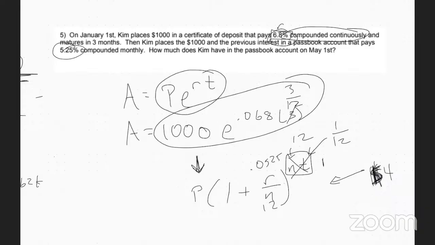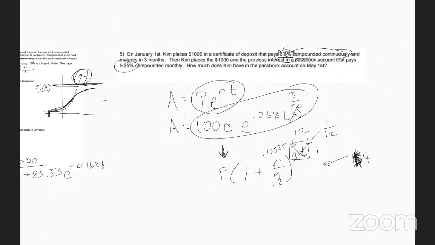Okay. That question I understand now. Instead of adding another 1,000, you just transfer the A from the first part to the new P.